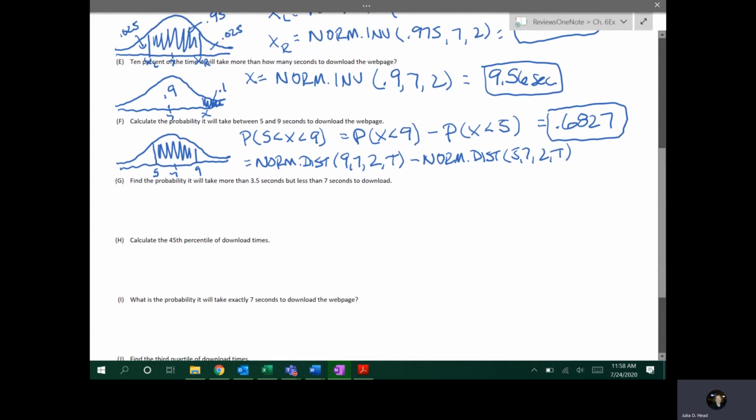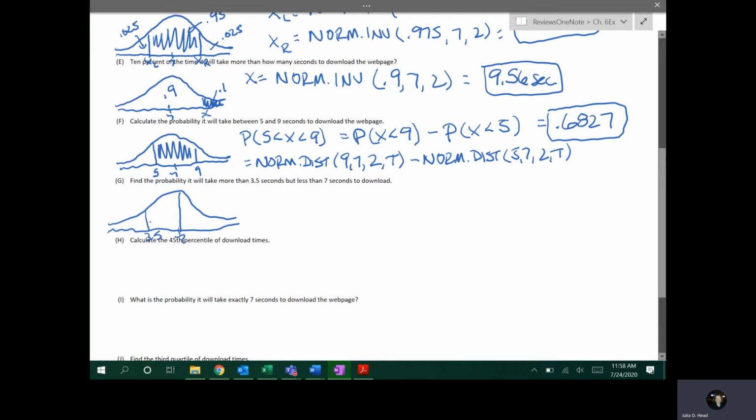Now this next question looks like a between question, and you could certainly do it like a between question. And we're going to start it like a between question. So between 3.5 and 7. Now it's fine that 7 is the mean. That is part of the coincidence of this question, but it's not the only coincidence.